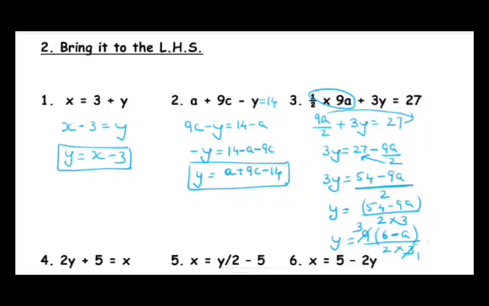Alright, so y is equal to, you can either write it as 3 into 6 minus a upon 2, or as 18 minus 3a upon 2, or you can leave it that way, 3, 6 minus a upon 2. Anything is good. So both your answers out here are correct.